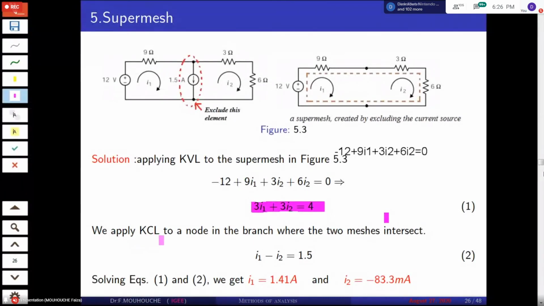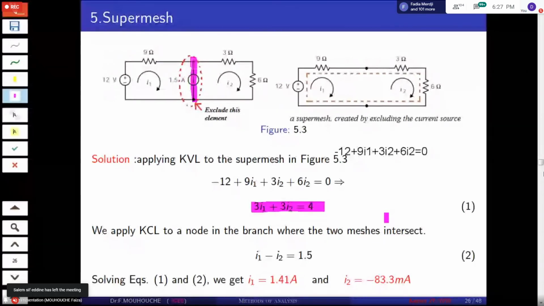And then by applying Kirchhoff's current law to a node, this is the node in the branch where the two meshes intersect, where the current source intersects the two meshes, we have I1 minus I2 equal 1.5.